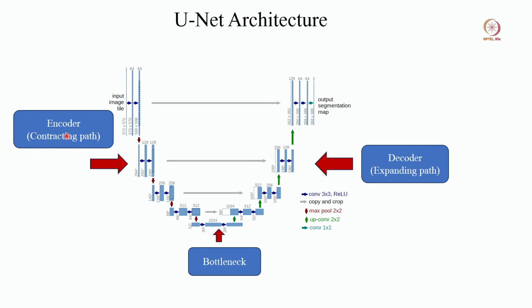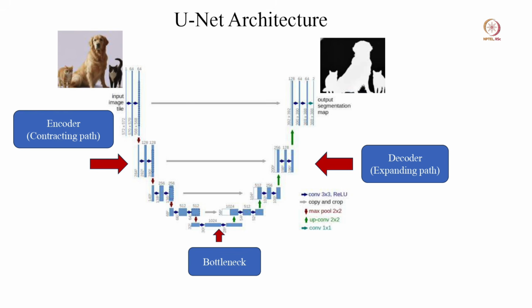Okay. So we have encoder, decoder and bottleneck. Now we will see what exactly the input is and what output we are expecting. So the input is some image, and the output is the segmentation map. Okay. That is what we get from the U-Net architecture.